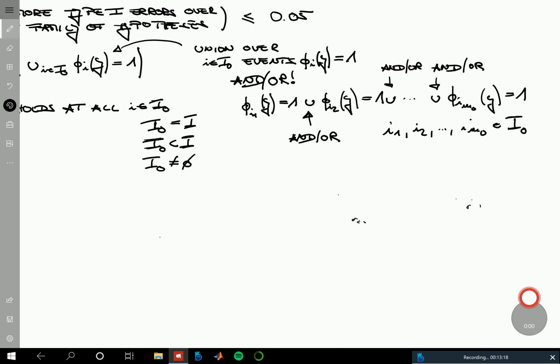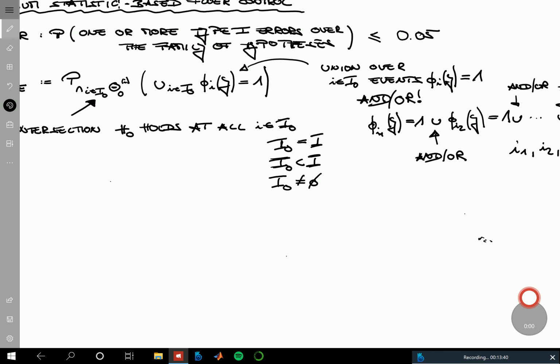So that's the case that there's actually only one type 1 error. Then you can have any numbers of and/or readings, or you have type 1 errors at all of the locations, so you have M0 type 1 errors. Yeah? So this is how to interpret these statements here, so this intersection statement and this union statement.